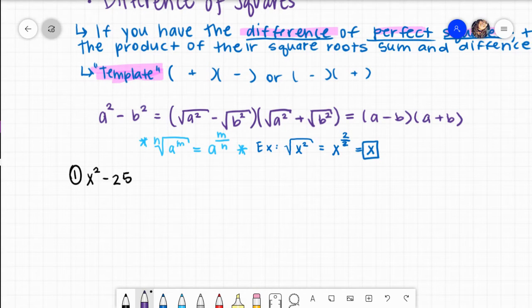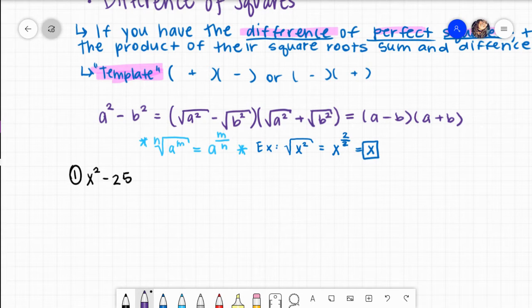Okay, so let me go ahead and show you. I'm doing this a little bit differently than I honestly ever taught it before. As far as my work is concerned, because I really, really, really want y'all to understand what's going on here, okay? So what I want to do first is, I know that it's written in this form, right? A squared and then a minus b squared.